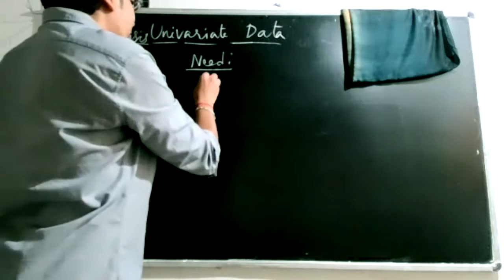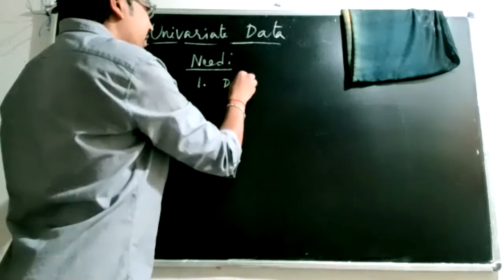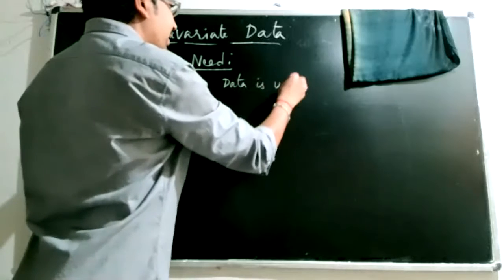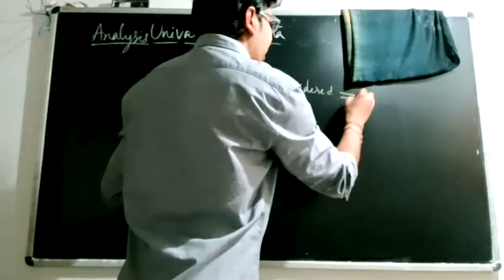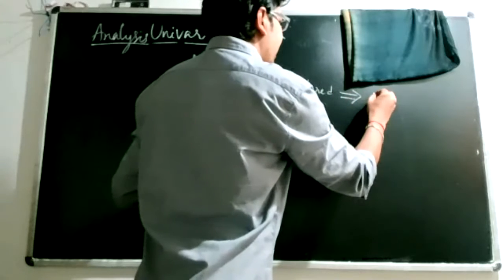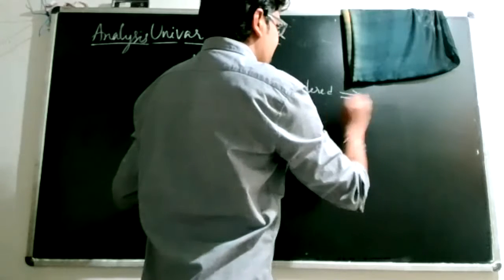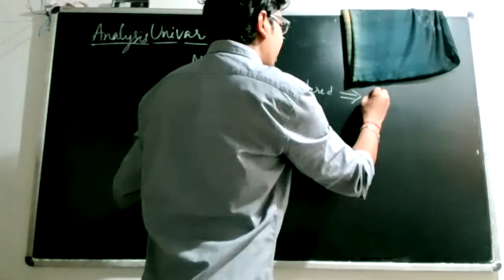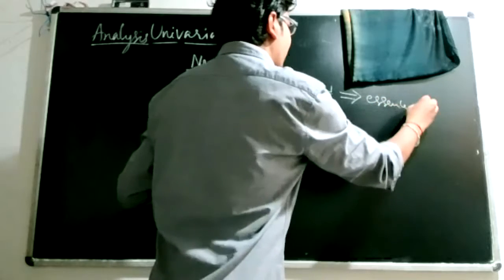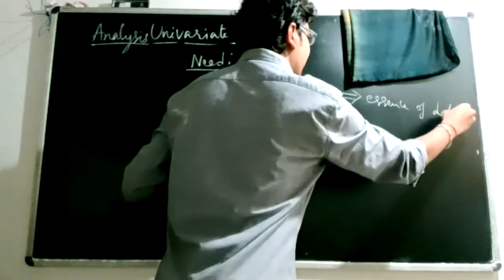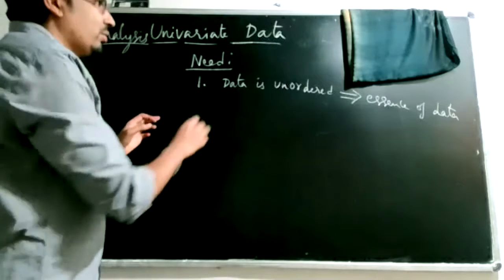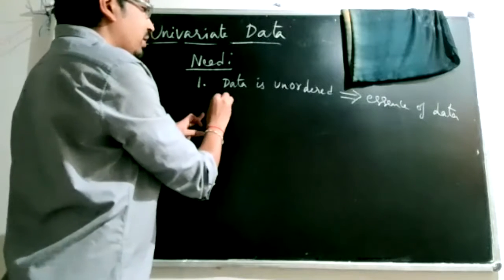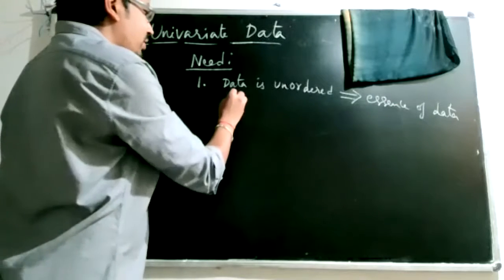Now the first and foremost thing is that data is unordered. If you have the data unordered, it cannot help you in decision making. So you have to bring out the essence of data, what actually the data is telling. So you have to arrange it, and then you have to summarize it.